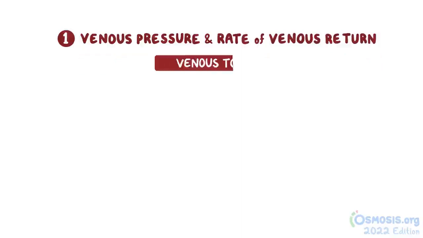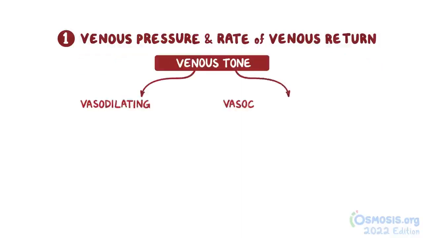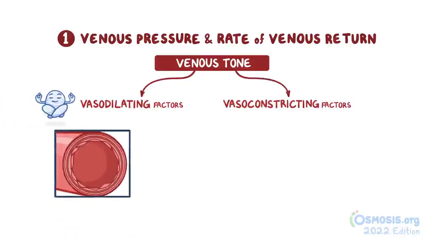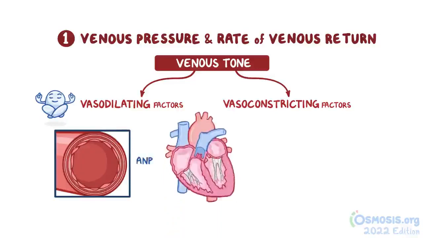Now, venous tone is determined by vasodilating and vasoconstricting factors. Vasodilating factors relax smooth muscle cells within the vein walls, thereby decreasing the vascular tone of the vein. One such vasodilating factor is atrial natriuretic peptide, or ANP, which is secreted by cardiac muscle cells in the walls of the atria in response to an increased circulating blood volume that makes an increased amount of blood reach and distend the atrium.